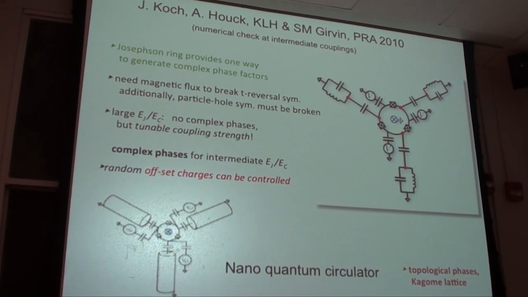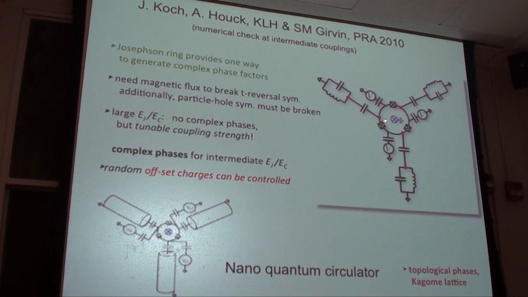Now we want to build, in a lab or in our mind, a junction where photons would hop from one waveguide to another, but would feel a complex phase. So how do we do that? Well, we could play with matter, and matter here is a superconducting ring with Cooper pairs.